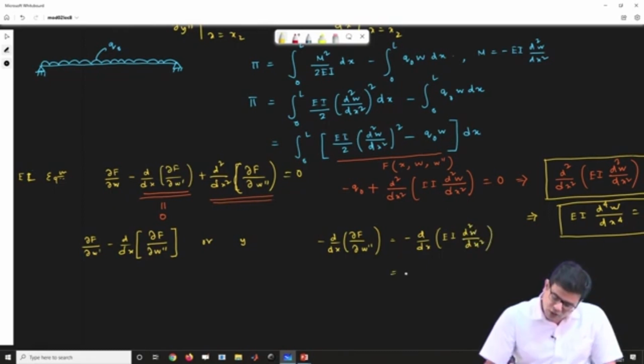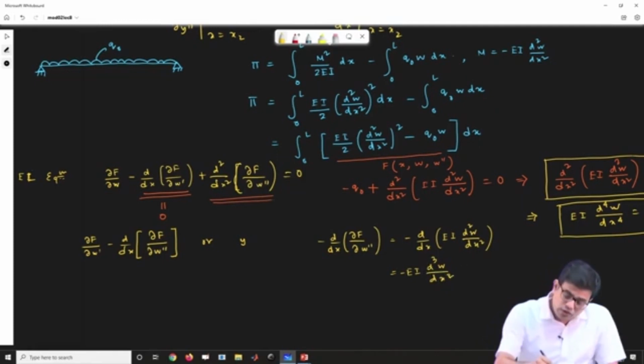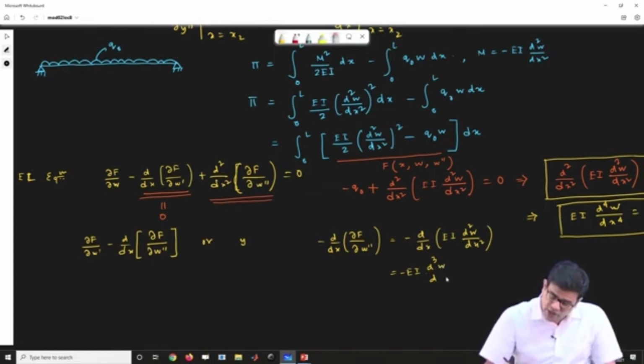If I take EI constant, this is EI d³w/dx³. You all know what this is: this is the shear force.